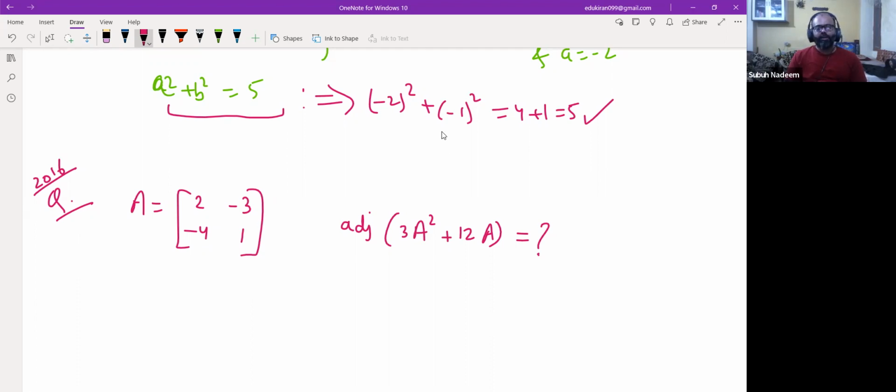So you have to do matrix multiplication, then addition, then a scalar multiplication with a matrix, and then finding adjoint by finding the cofactors, and then take its transpose.